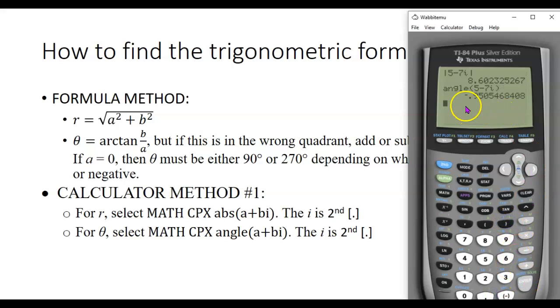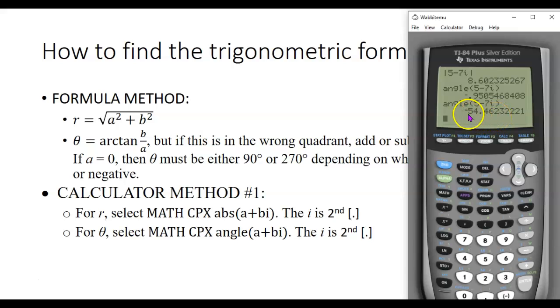And that comes out as negative 0.9505. What mode am I in? I'm in radian mode. If I were in degree mode, let's see what we would get from that same entry. It would show up as negative 54.4623 and so on.